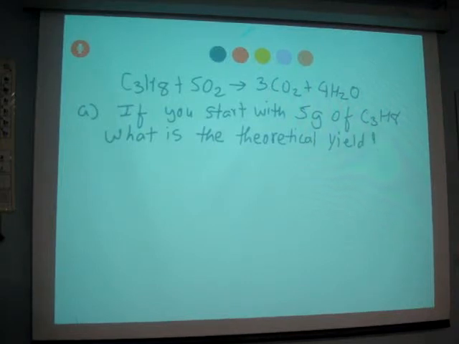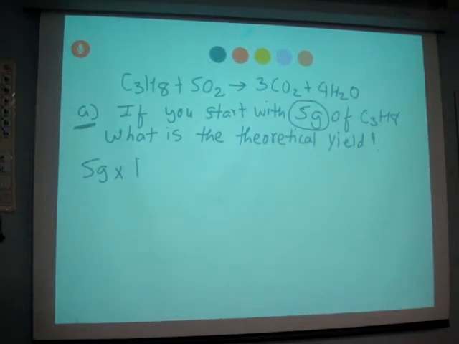Okay, so let's start working on A, and then I will write B later on. Since we have 5 grams given, we convert 5 grams of C3H8 into moles. 1 mole equals 44.0 grams.